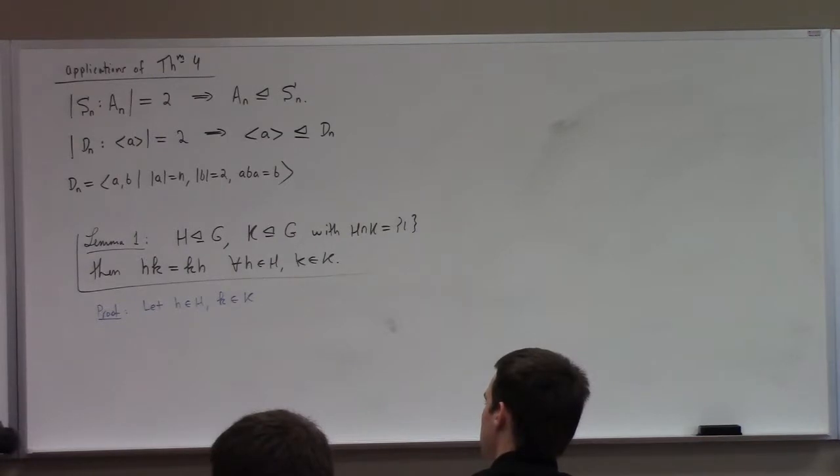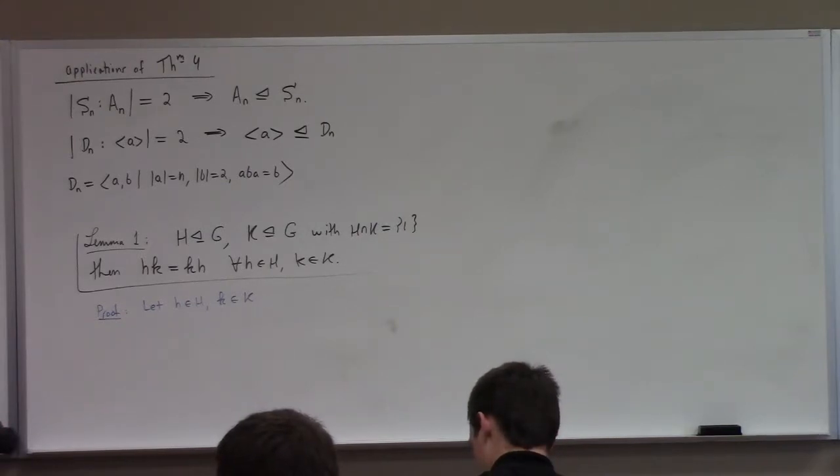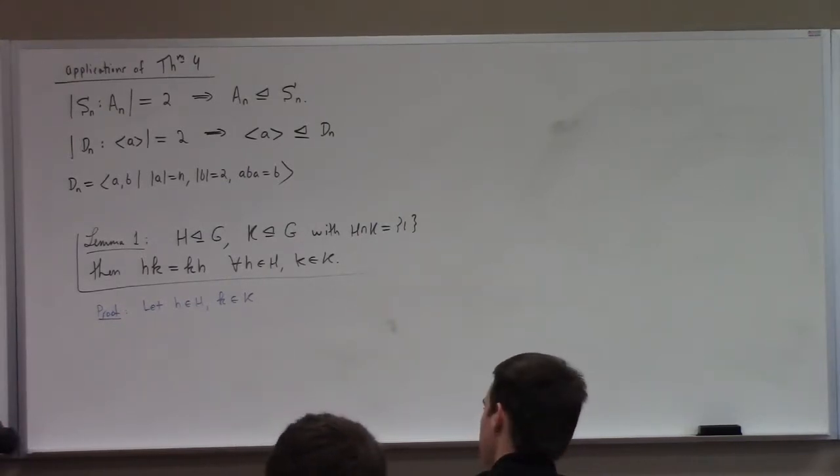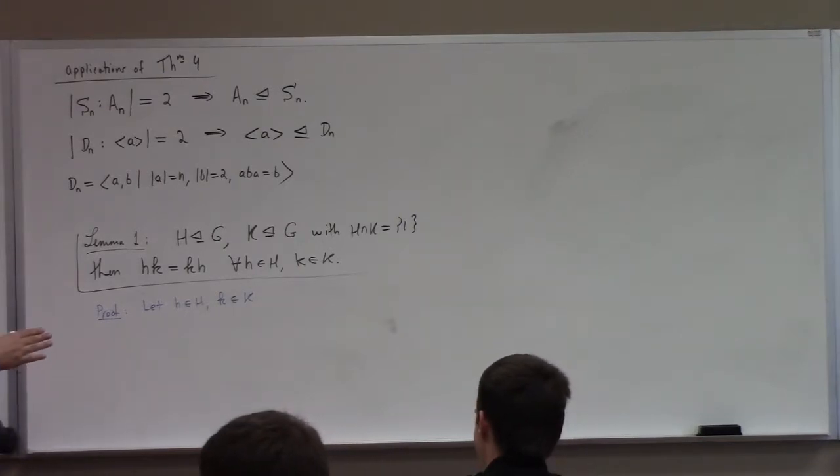When he writes h, it's from H. When he writes k, it's from K. He doesn't actually say it, but the notation assumes this to avoid writing about 50 sentences in this part of the section. About the 500th time you write it, you'll regret it. But I wrote it. I did it once.